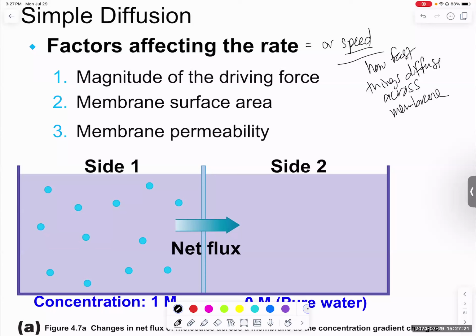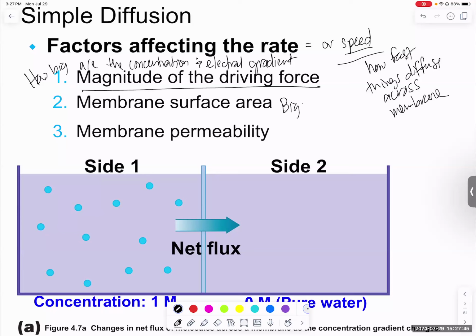The speed of diffusion depends on the magnitude of the driving force. How big are the concentration gradients and electrical gradients, if there is an electrical gradient? Number 2, surface area. The bigger the area to diffuse across, guess what?